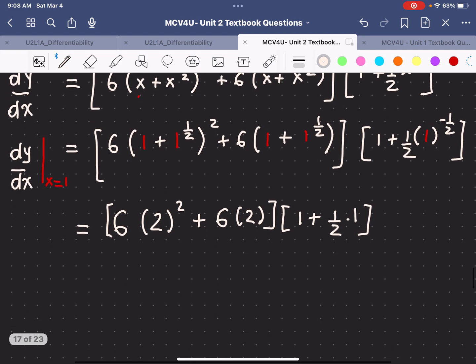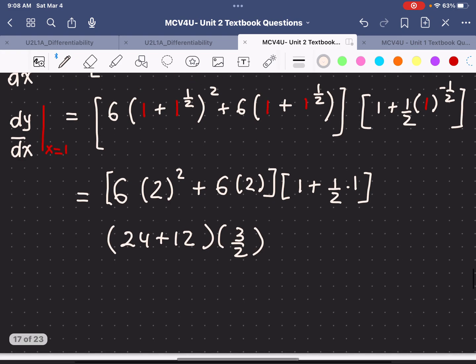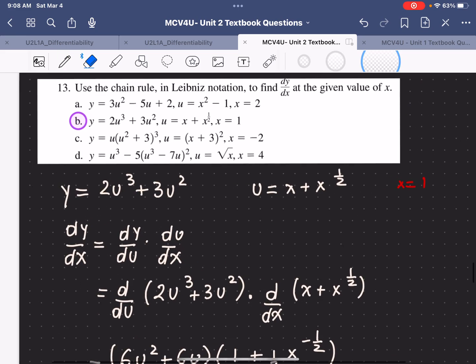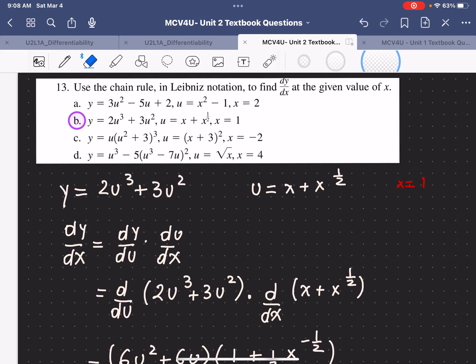So we have 6 times 4, 24 plus 12, multiplied by 1 plus 1 over 2 is 1.5, or 3 over 2. 24 plus 12, that will make 36. 36 over 2 is 18, and 18 times 3 is equal to 54. So we're going to say that would be the value of dy/dx measured exactly at x equals 1. So let's move on to the next example, example C, or question C.